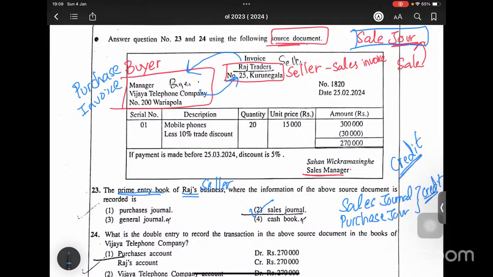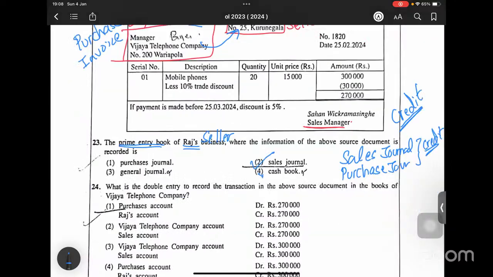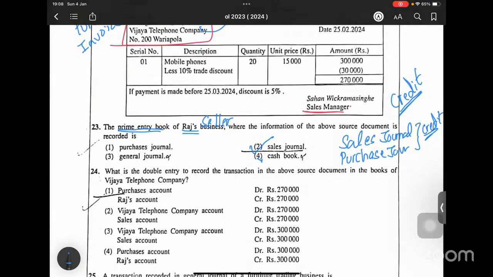If you bought it for cash, then it will go to the cash book. So that is an important point. They will be testing these points like the sales journal and purchase journal. It will always be credit sales and credit purchases.